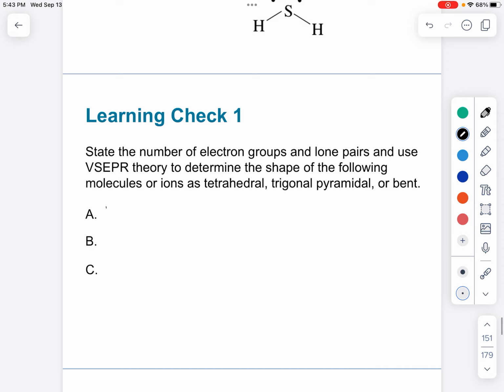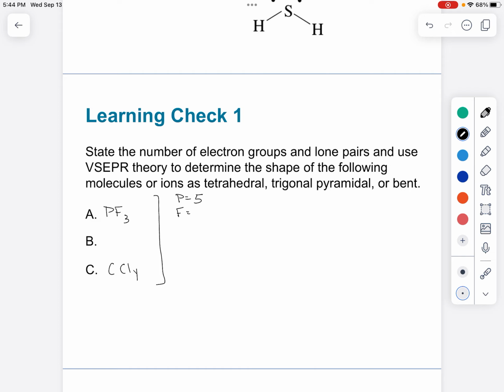Okay, let's look at PF3. The other example they have here is water, which we've already done. So PF3, in order to know whether or not there's an unbonded pair of electrons on the central atom, or if you have double bonds, you need to do the Lewis structure. So phosphorus has 5 valence electrons.